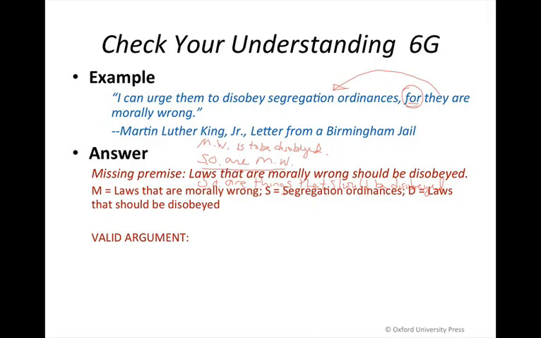Then we can rework the argument to get the following. All laws that are morally wrong are things that should be disobeyed. All segregation ordinances are morally wrong laws. Therefore, all segregation ordinances are things that should be disobeyed.